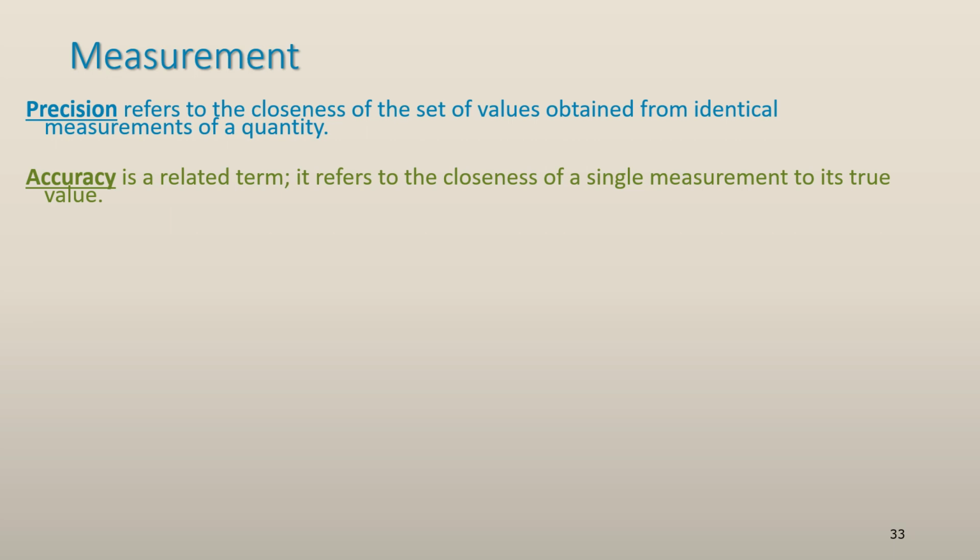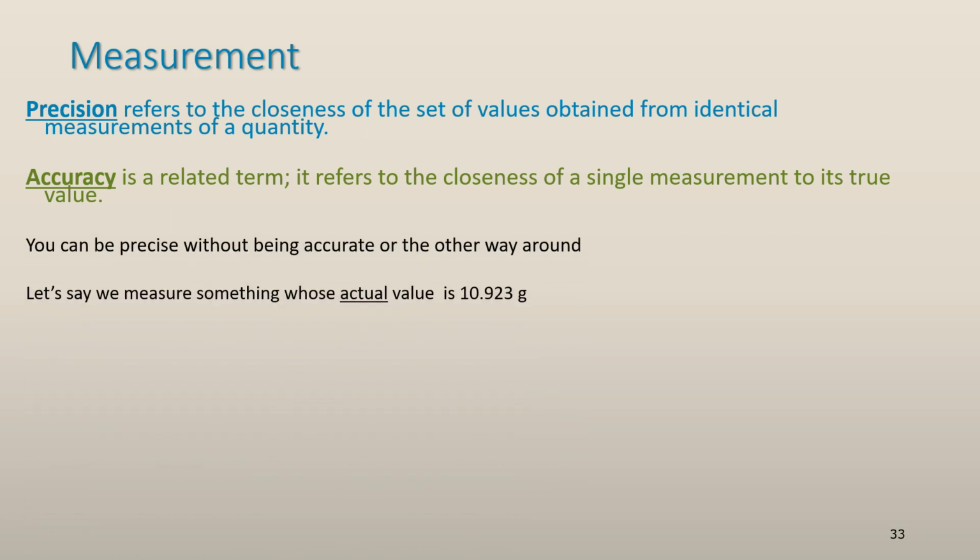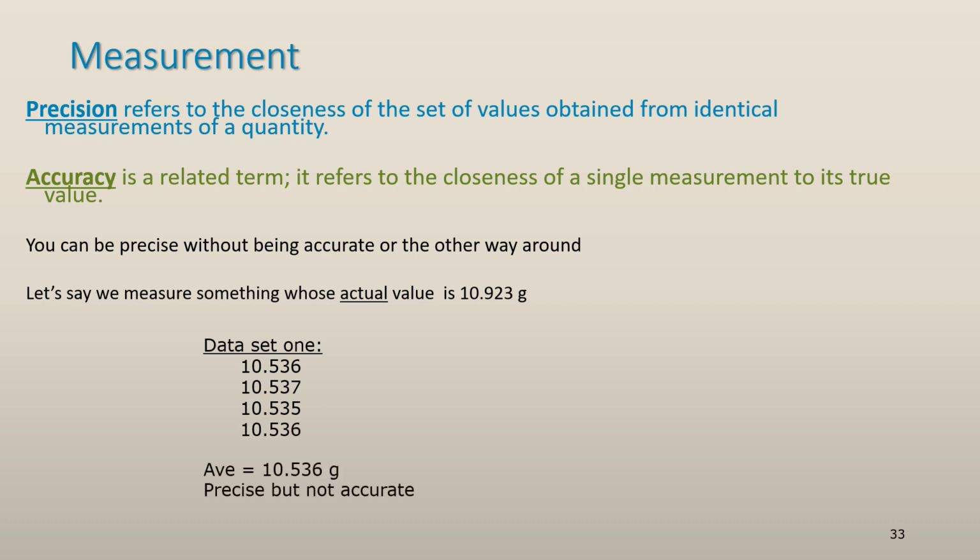So let's look at a couple of examples here. Let's say I weighed something and the actual value of that thing was 10.923 grams. Let's say one set of students measured this object 3 times, and here are the measurements: 10.536, 10.537, 10.535. Now, you might not know what the actual value is, so someone might say, hey, this is great, look at how precise we are, and you could get confused and think, well, look how accurate I am.